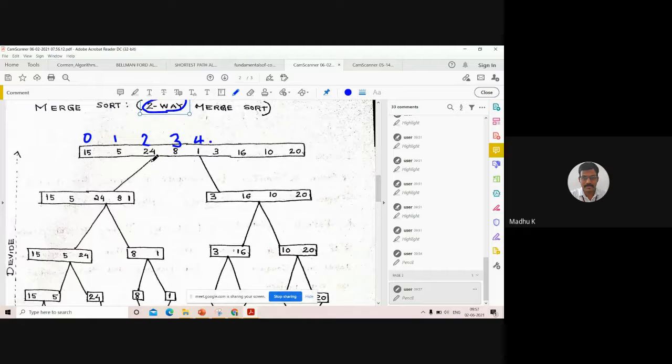Here, first we find the mid value of this array. What is the mid value? How many elements are there? This will be the mid value.